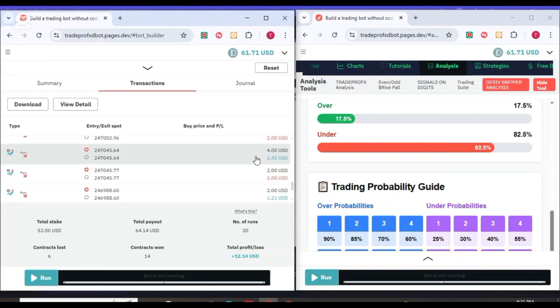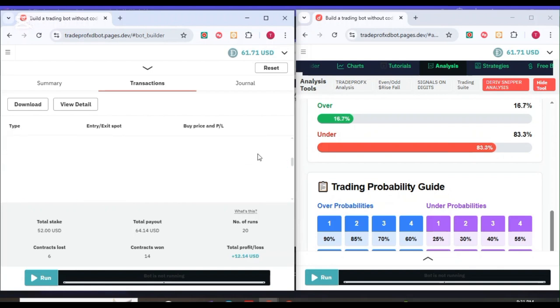I also talked about how to set the EMAs, or the triple moving average, which are EMA 10, EMA 40, and EMA 50. Those are the three EMAs.